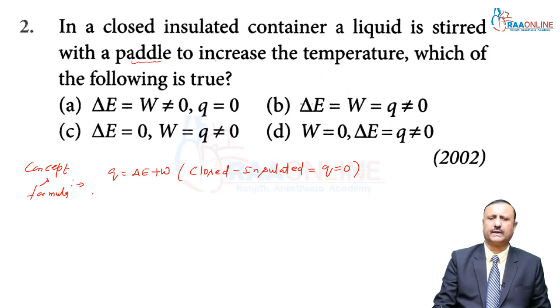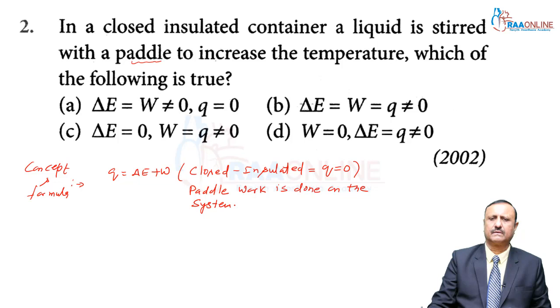And my dear students, here you can see the paddle to increase the temperature. It means the paddle is doing work on the system, because this is given in your question.